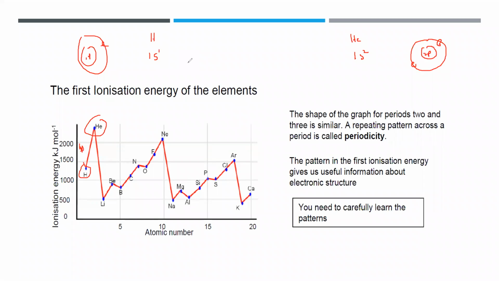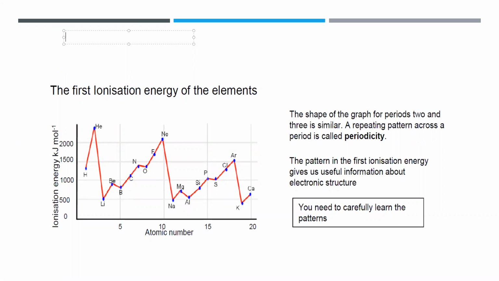Now the elements of the second period. What are the elements of the second period? We have lithium, beryllium, boron, carbon, nitrogen, oxygen, fluorine, neon. These are the elements in the second period.